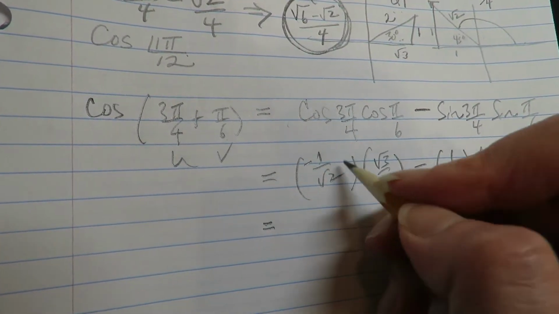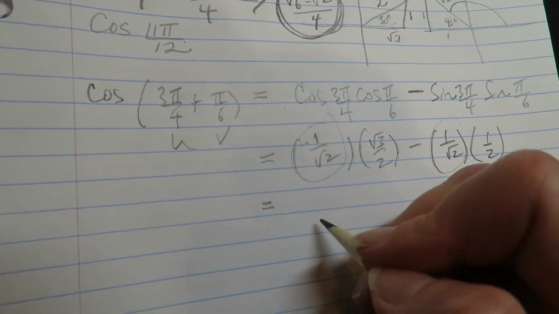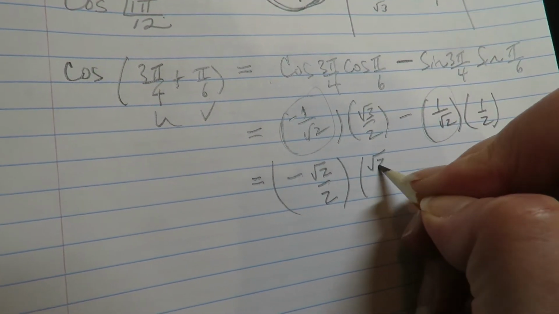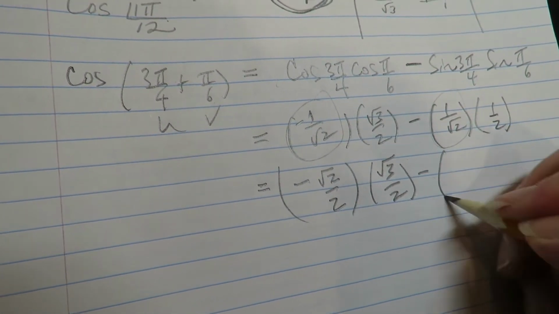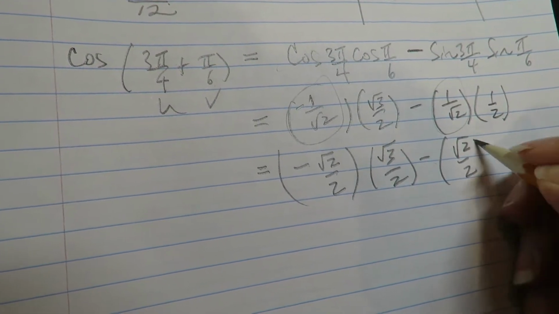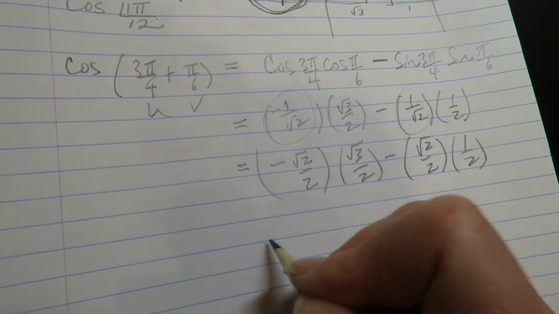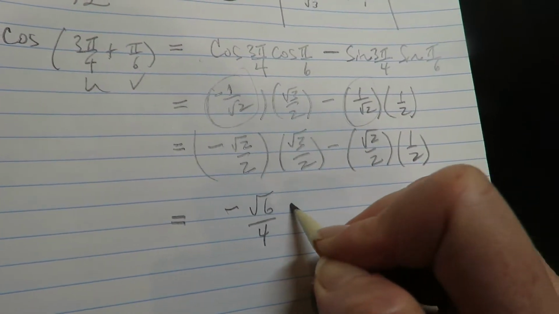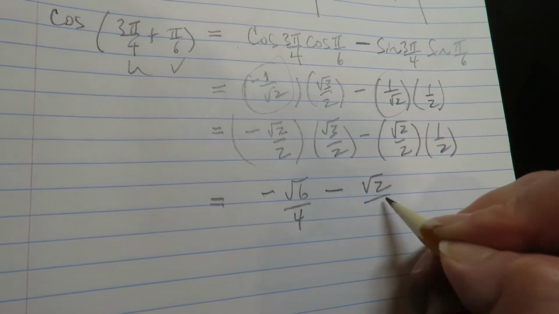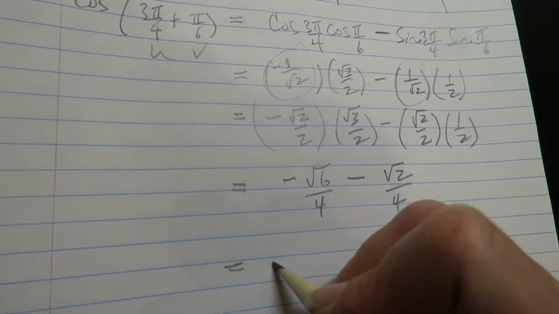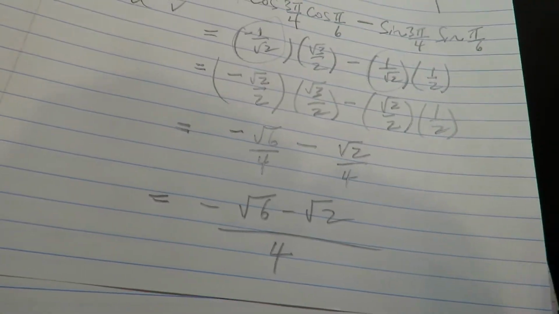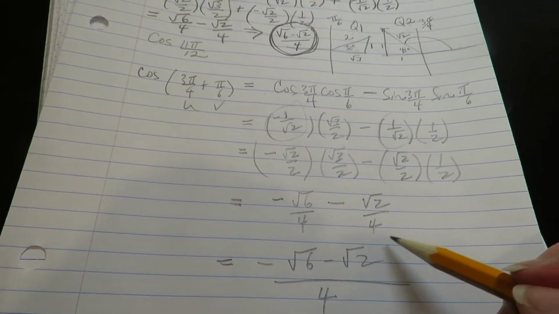Again, you're just going to see me rationalize this one and this one. Negative radical 2 over 2. Radical 2 over 2. Okay, now you can see me multiply. And you can see me combine. You don't need to factor that negative out. This is fine right here.